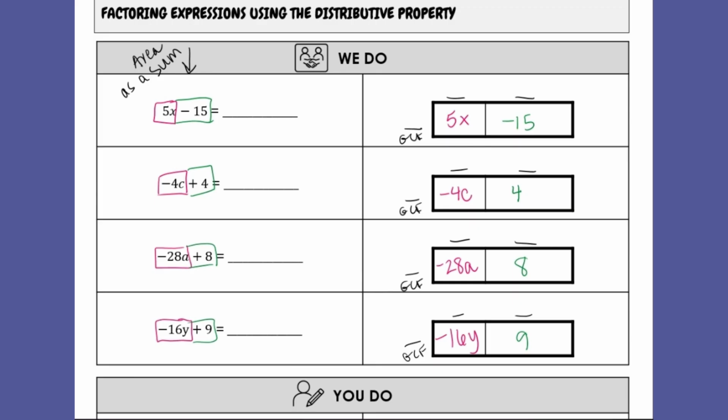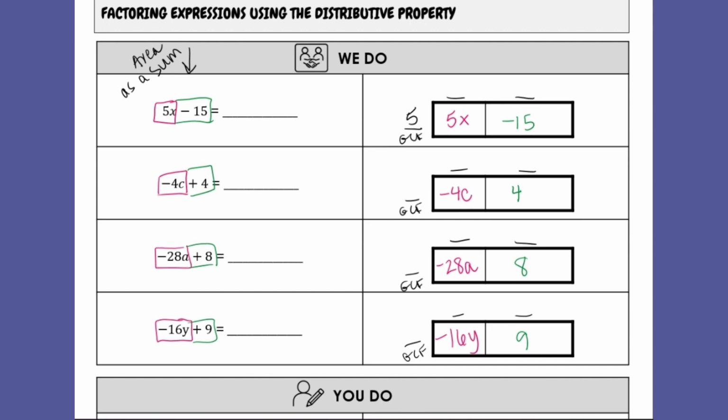So if we look at the first problem, we see 5x and negative 15. Right away, you might realize, hey, 5 is a common factor. And you're right. 5 is the common factor that goes into 5x minus 15. I'm going to check whether my first term is positive or negative. If it's positive, my GCF is positive. And then I'm going to find the other dimensions.